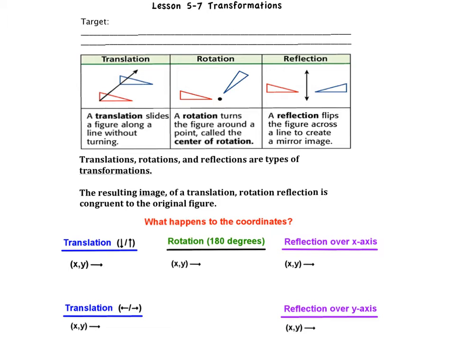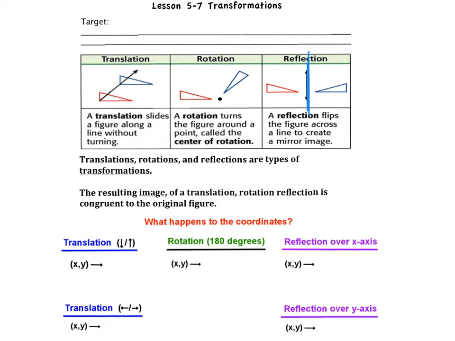And then a reflection, very much like a mirror, or if you were to fold the paper right on this line, the two triangles would match each other. So reflection is a flip. So translation is a slide, a rotation is a turn, and a reflection is a flip. The resulting image is congruent to the original figure, so it does not change its shape at all.